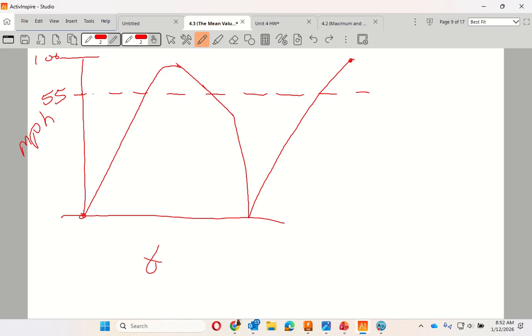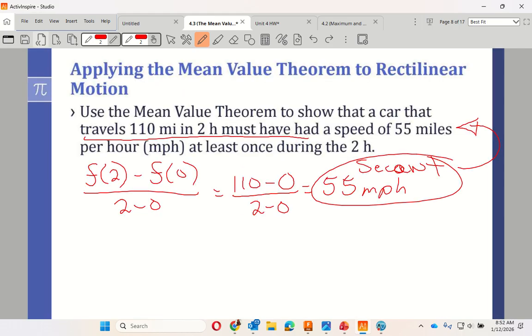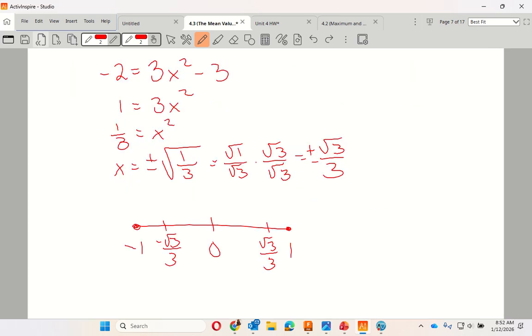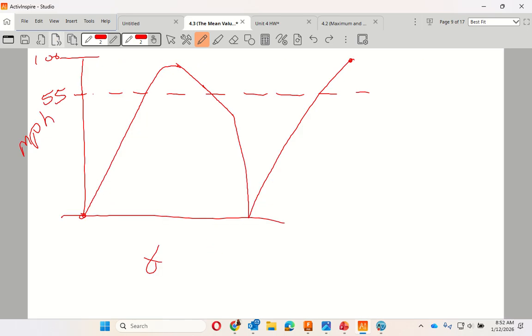Where's the secant line? The secant line? That's what I did by finding the slope. No, but like in that graph you just did. I can't really visualize it. Okay, here's the secant line. The secant line is this right here, because that's the average over the whole thing. And this is the graph of the f prime, right? Yes.